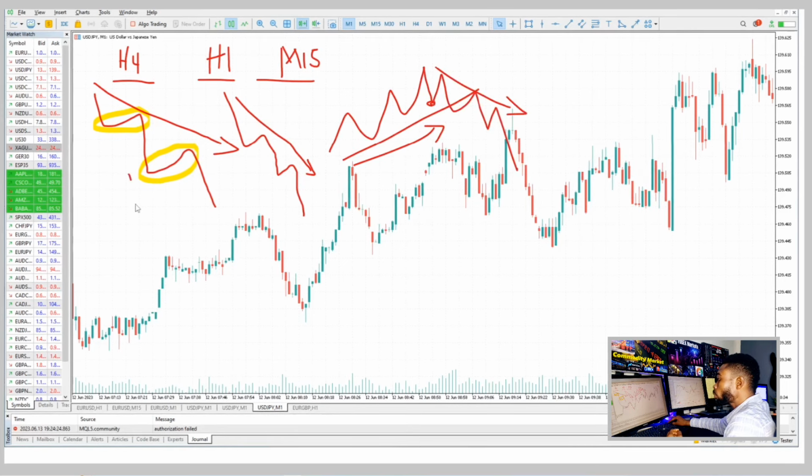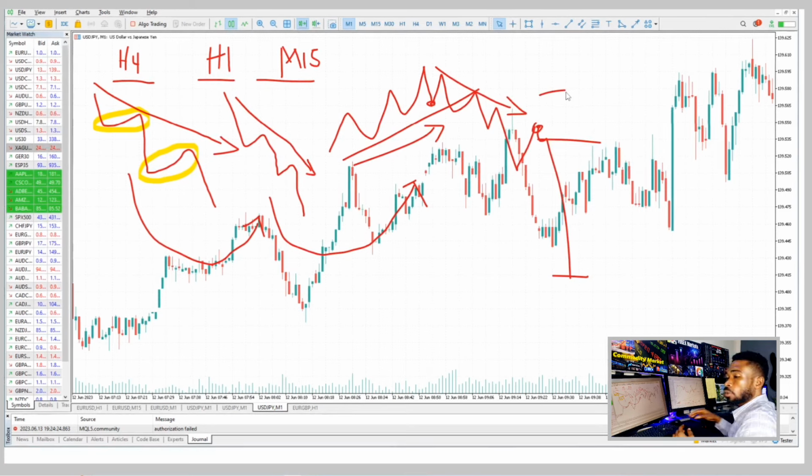So H4, H1, M15 should all be going down. Now you look for a good pullback and then you sell. You take your profit at 1 to 2 and you're out of the market. Very simple. You see? Very, very simple. But if you don't do this, you're going to have a lot of losing trades because you think that the M15 is on an uptrend.